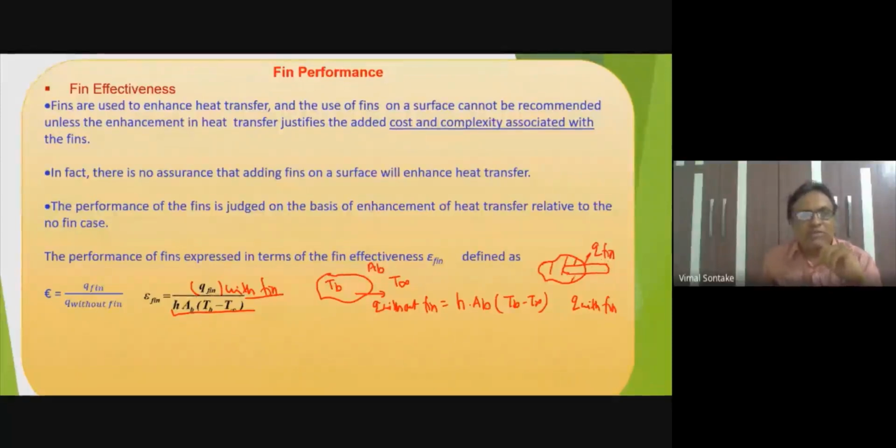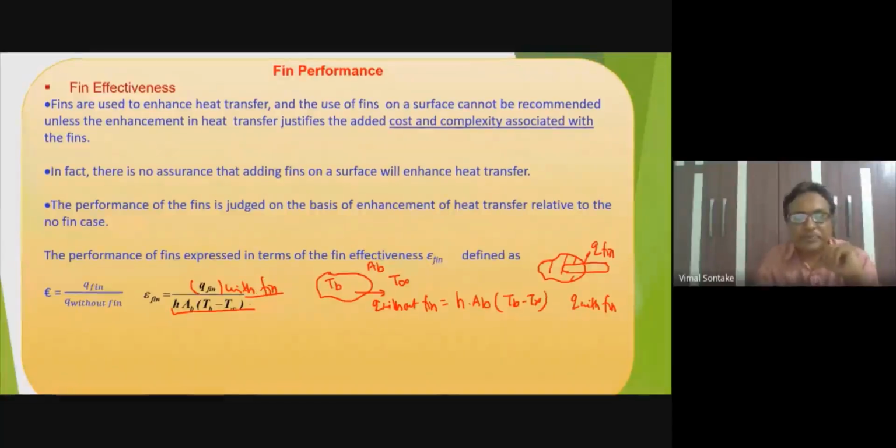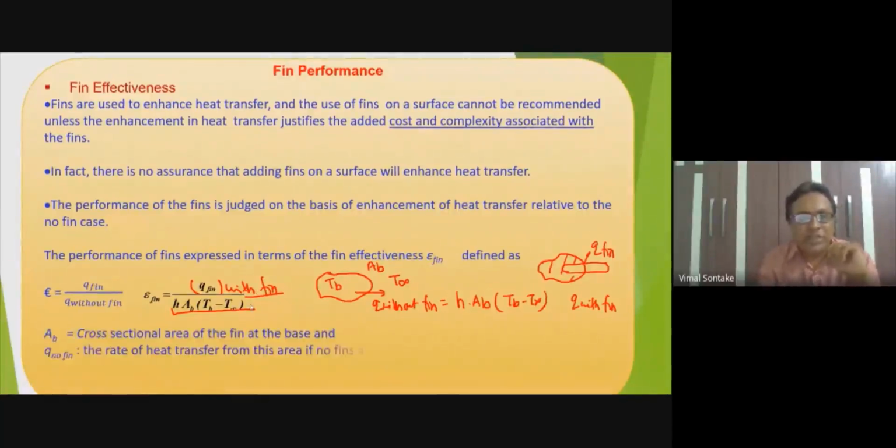So effectiveness of fin can be given as rate of heat transfer with fin to the rate of heat transfer without fin, where A_b is the cross-sectional area of the base surface and Q no fin is rate of heat transfer from this base surface area when there are no fins attached.